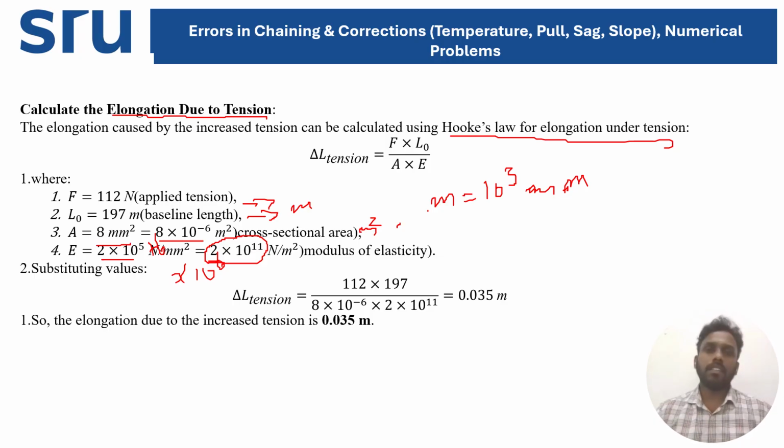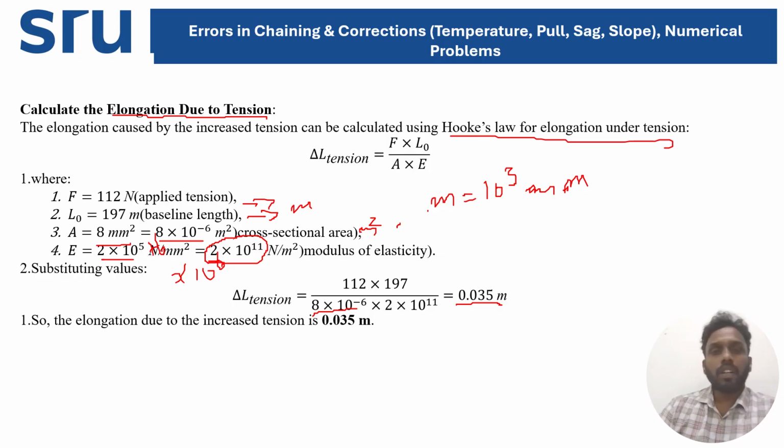Then A is your cross-sectional area, converted to meter square. So it is 8 into 10 power minus 6 into 2 into 10 power 11. If you substitute this in your calculator, the answer is 0.035 meter.